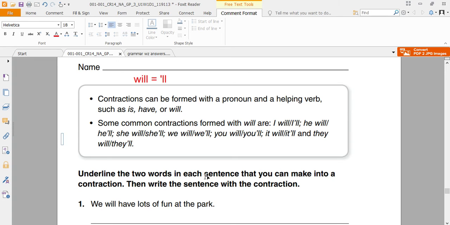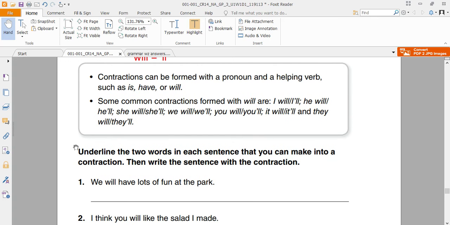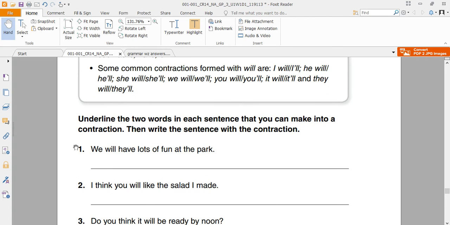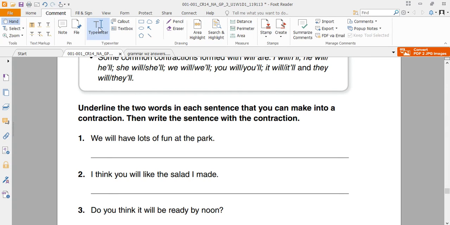Underline the 2 words in each sentence that you can make into a contraction, then write the sentence with the contraction. How can we do number 1? We will have lots of fun at the park. How do we make a contraction for have? Will have. Okay, so here, pay attention.